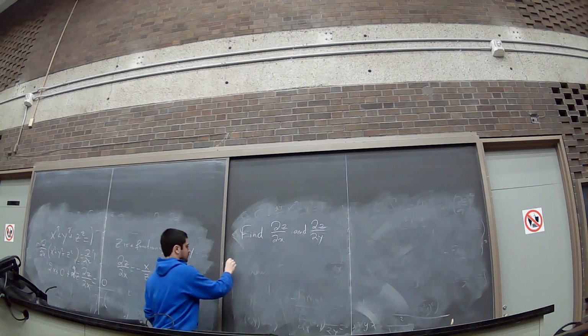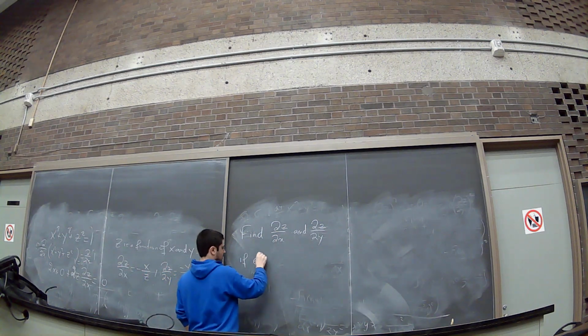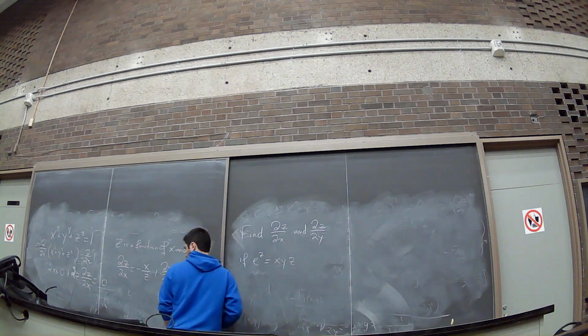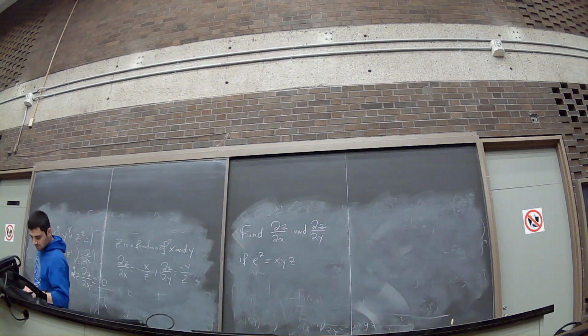E to the z is equal to xy. How do we start? How do we do this? I want to differentiate with respect to, what's the first one?